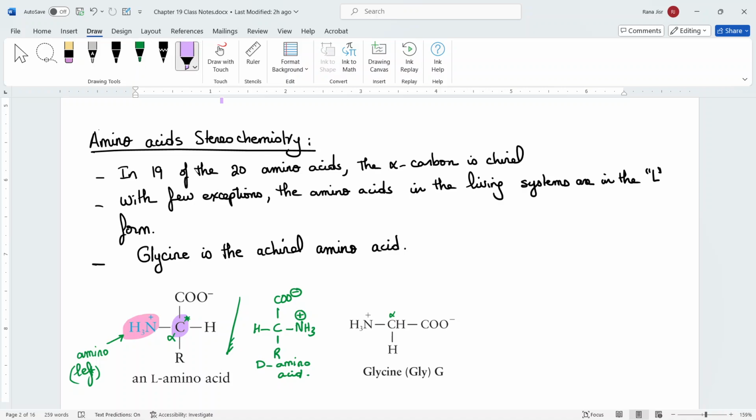Glycine has no chiral center, so the alpha carbon in there is not a chiral center, because it is not connected to 4 different groups. This means that it has no mirror image, because the mirror image is the same as the molecule itself.